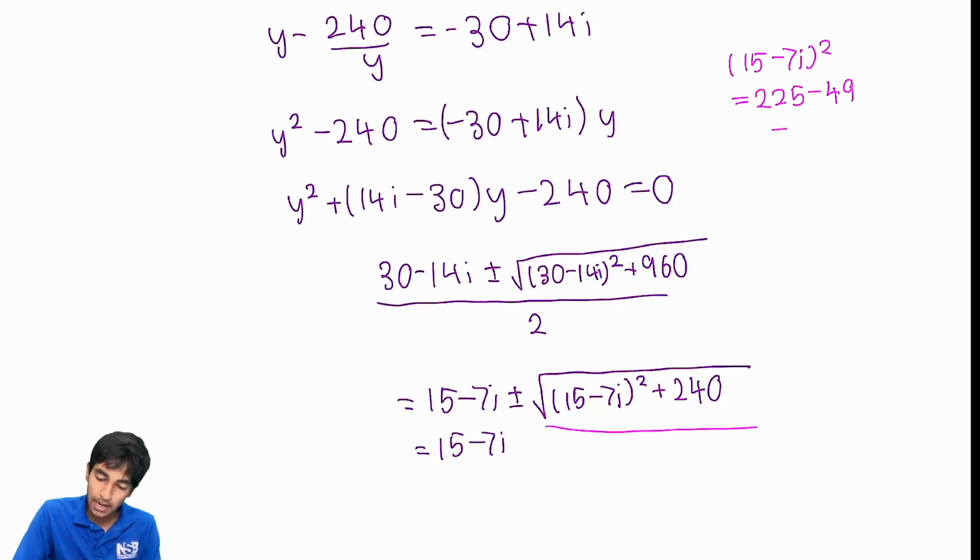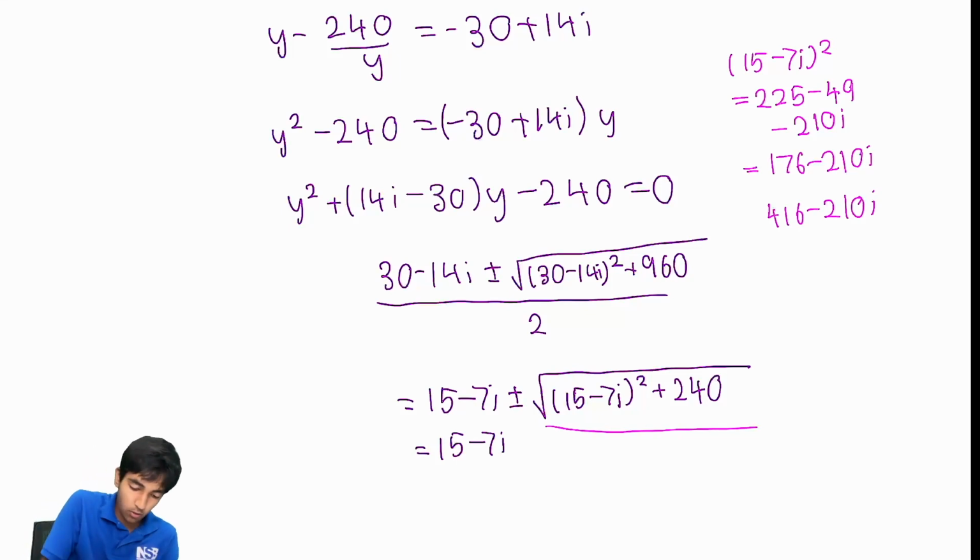And then minus 210i. And that's just 176 minus 210i. Now we add 240, we get 416 minus 210i.